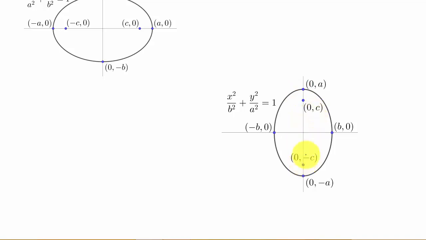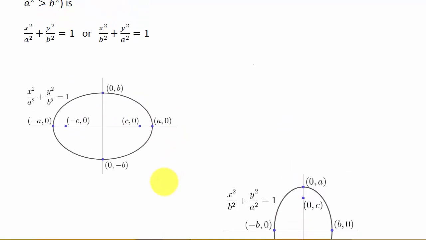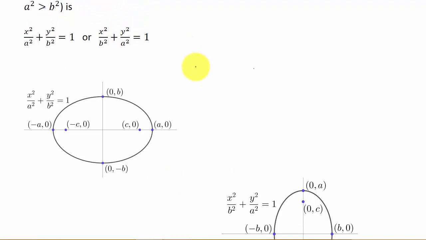And then you notice these points, negative c, 0, c, 0, and these two over here. Well, these are called the foci. And you can find the foci: c squared equals a squared minus b squared, and that will give you these coordinates here.